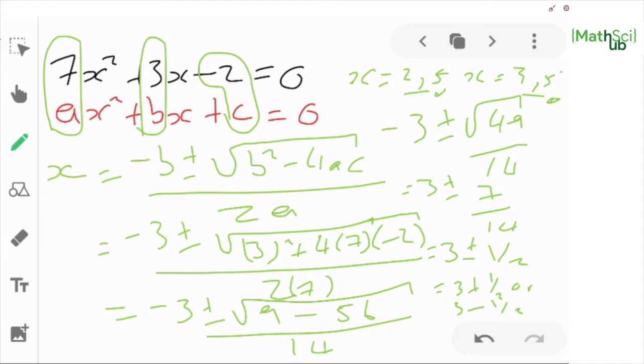So those are your factors for x. Those are your roots for x.